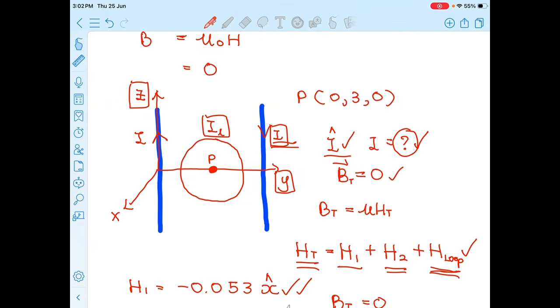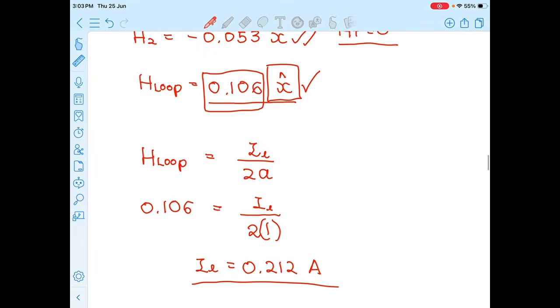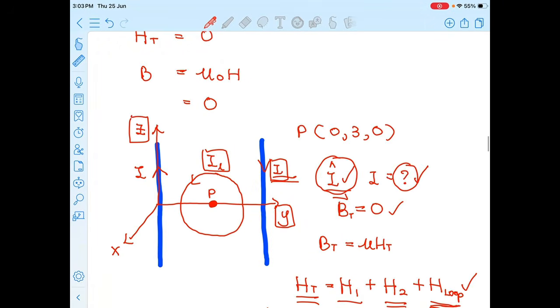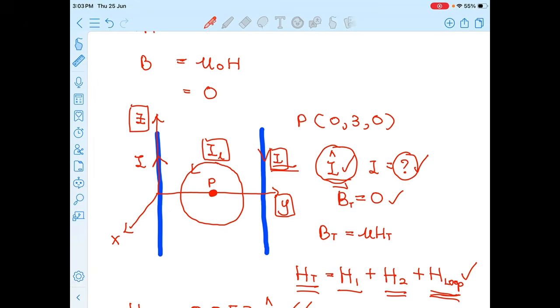But how about the direction? Is it clockwise or anti-clockwise? The direction of the magnetic field should be the positive X direction. So you have to use your hand. Imagine you are gripping the loop, holding the circular loop.